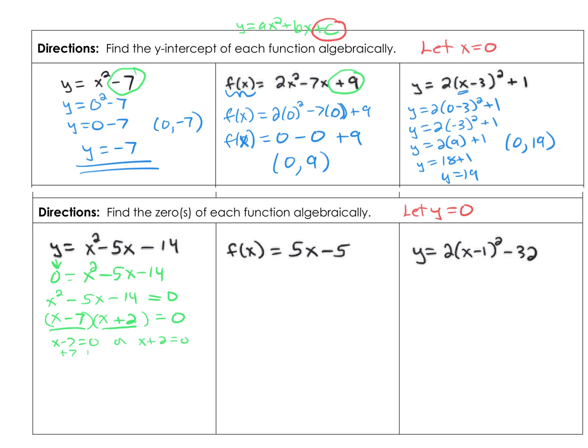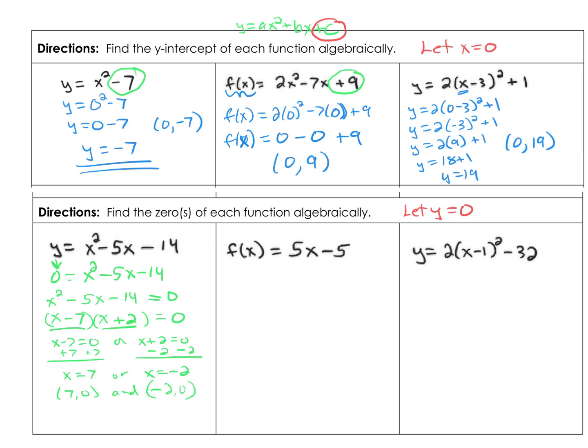I add 7 to both sides here, and I get x equals 7. Here I subtract 2 on both sides, and I get x equals negative 2. Connect the word or in between. So my two intercepts would be 7 comma 0 and negative 2 comma 0.